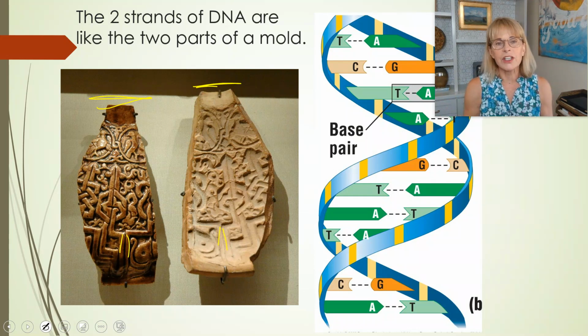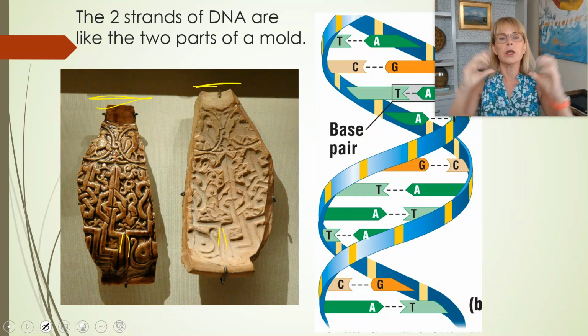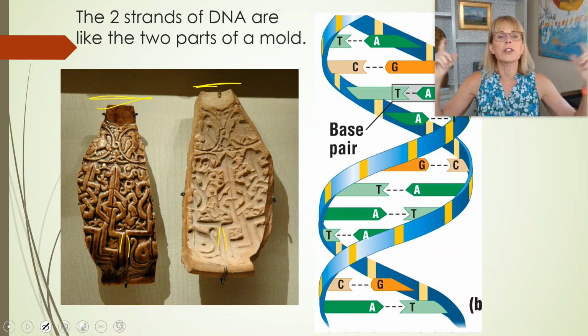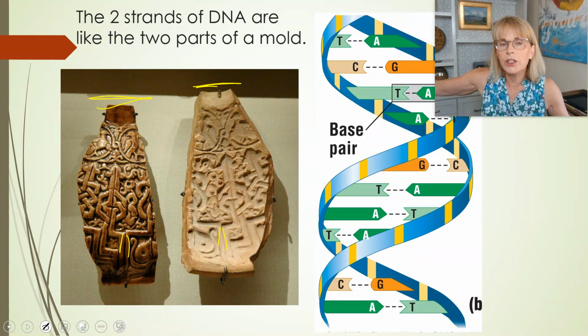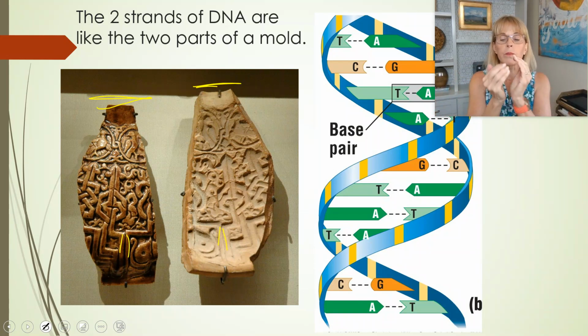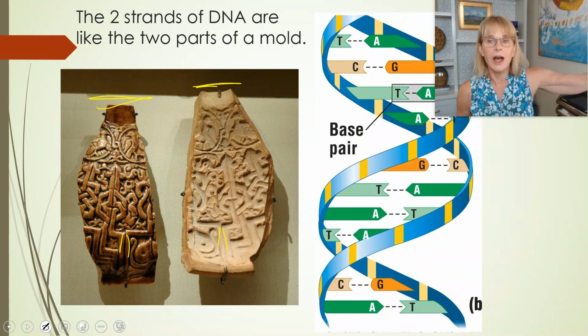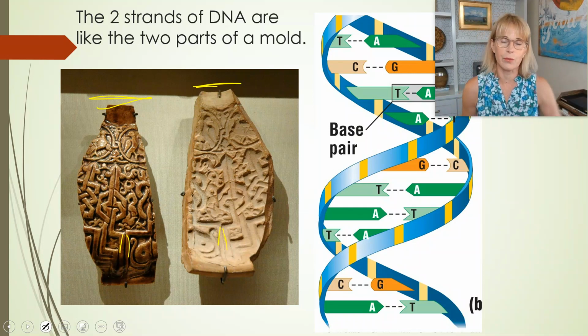So imagine every time you went from 1 cell to 2 cells, from 2 cells to 4 cells, from 4 cells to 8 cells, trillions of times, every time you did that, you had to make a copy of this entire library of information, okay? How do you do that and not make mistakes?